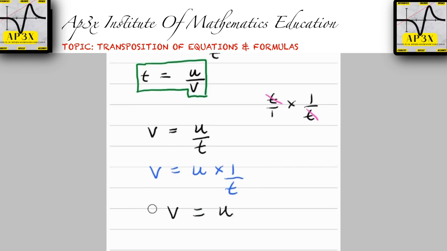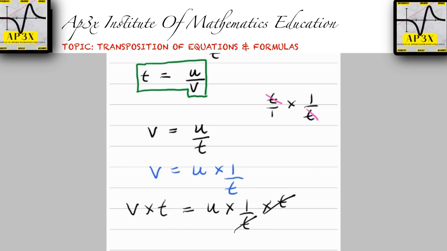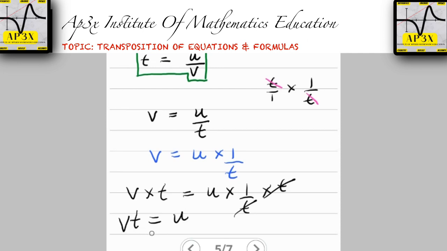Okay, so we're going to go ahead and we're going to say V multiplied by T is equal to U times 1 over T multiplied by T. And so therefore, by cancelling here, this T cancels this T. So we end up with VT equals U. And since we're looking for T, we can go ahead then and divide both sides by V. And this is a longer method, but it's something that's worth knowing.